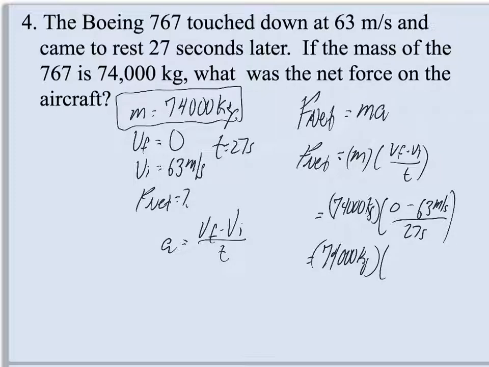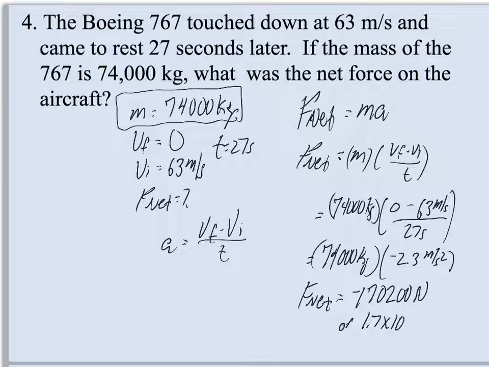And then negative 63 divided by 27, that's negative 2.3 meters per second squared. And then we simply multiply the 74,000 times the negative 2.3 meters per second squared, and we end up with 170,200 newtons, or 1.7 times 10 to the 5th newtons.